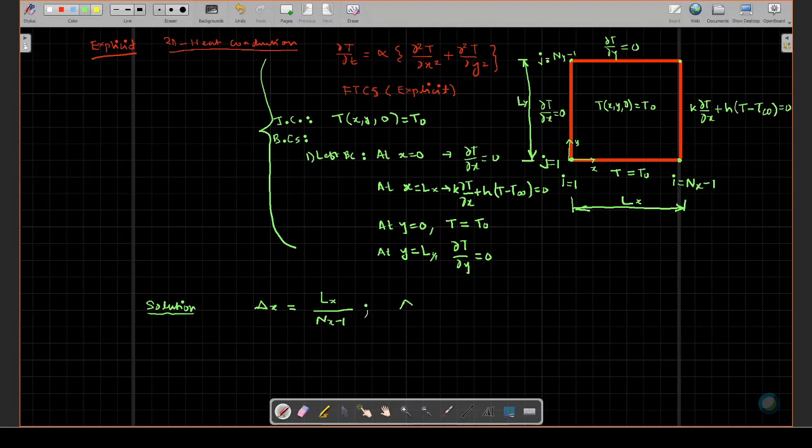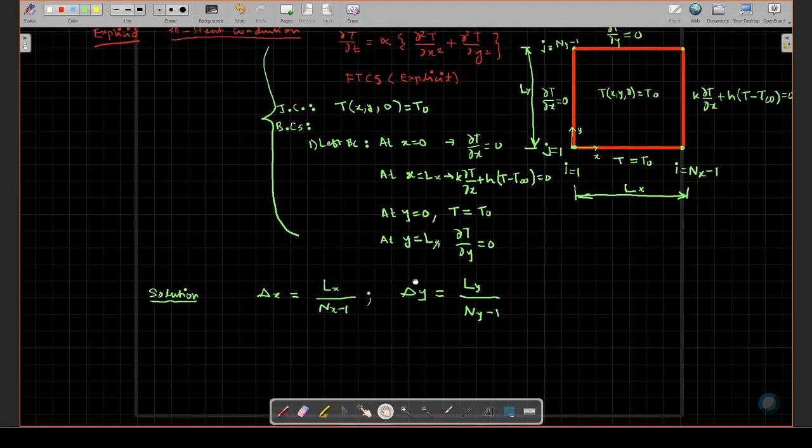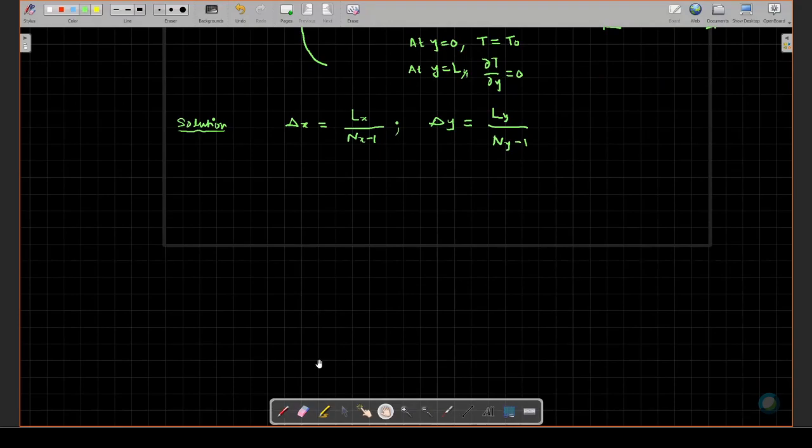Similarly, delta y will be equal to the total length in the y direction divided by the number of grid points in y. And we know that for this problem there is a stability limit, which we saw yesterday.